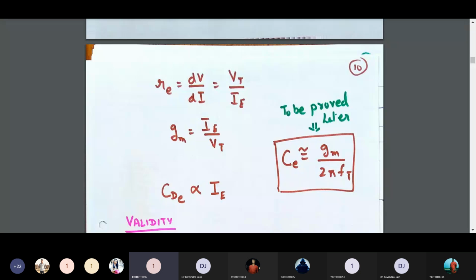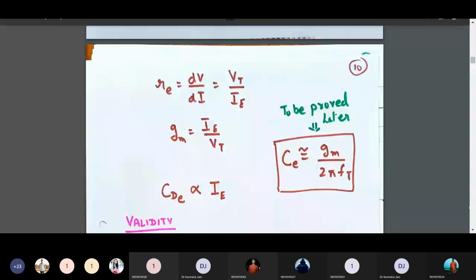The value is so small that IB becomes very small as compared to IC. IB is smaller than IC. Okay, are you getting it? Yes, sir.